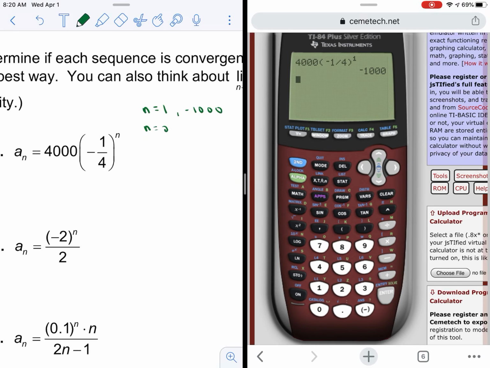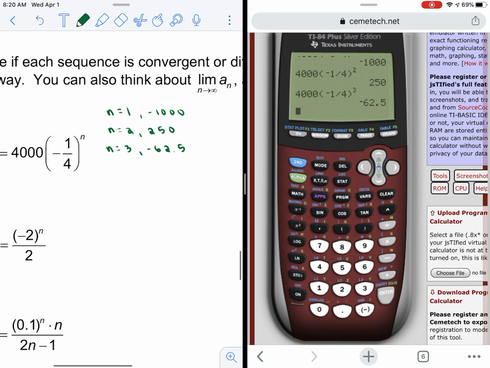And when n equals 2, I can do this again, but change that to a 2. I get 250. And when n equals 3, I can do this again. I get negative 62.5. So what you're seeing is that because you keep multiplying by a fourth, these numbers are getting smaller and smaller.